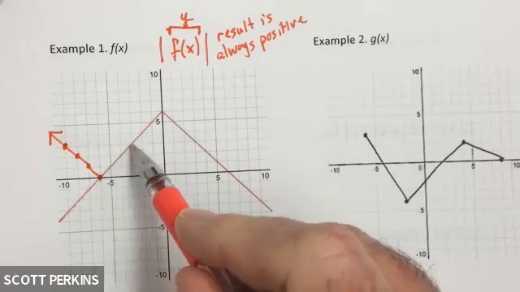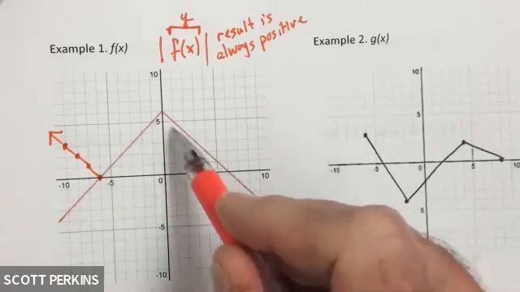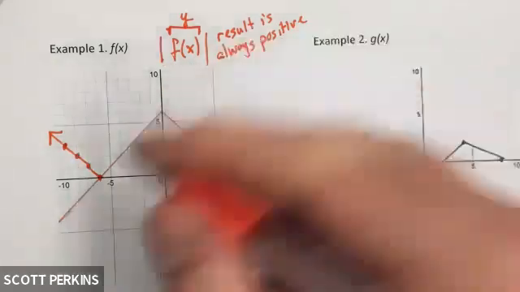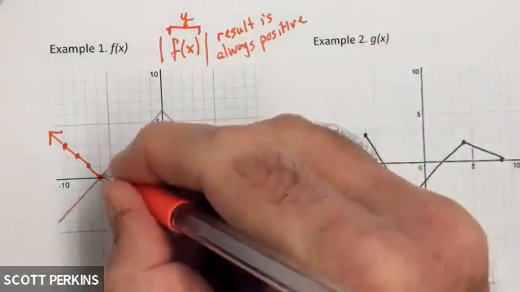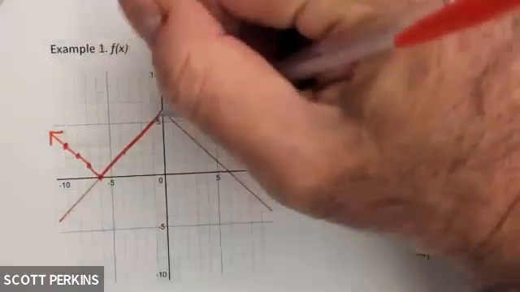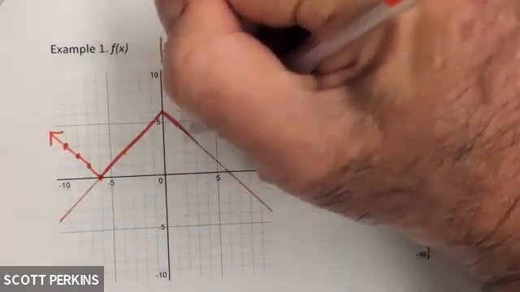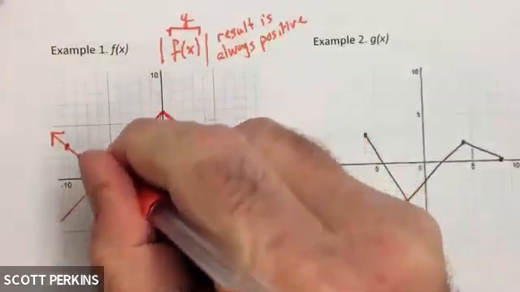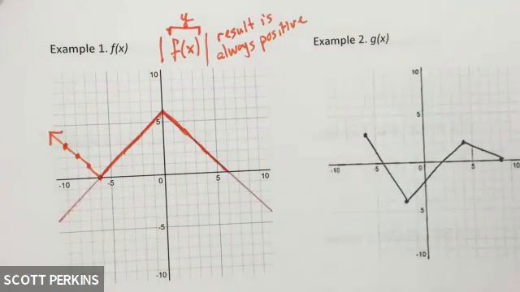They're already positive. So when I take the absolute value of these y values, they are going to stay the same. Would you agree with that? Okay, so because these are positive, I'm just going to trace over them. Again, sorry, I should have picked a more distinct color from the red on the original graph. But I'm just tracing over. That is my absolute value.